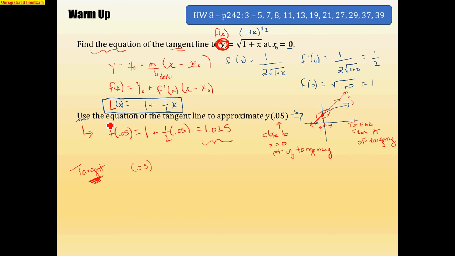So instead of plugging 0.05 into the original, we're plugging it into the tangent line, and using L should make that more obvious. So if L of 0.05 is 1.025, I wonder what the actual function is at 0.05.